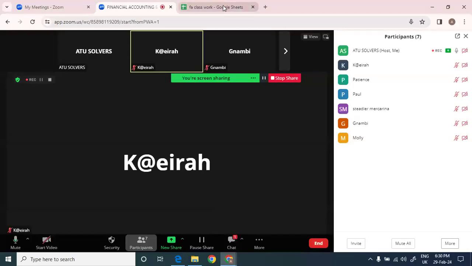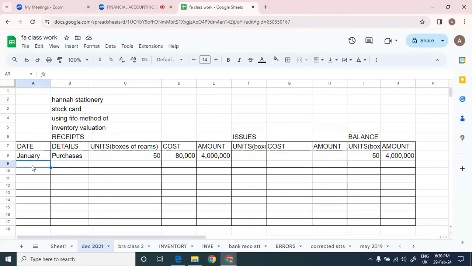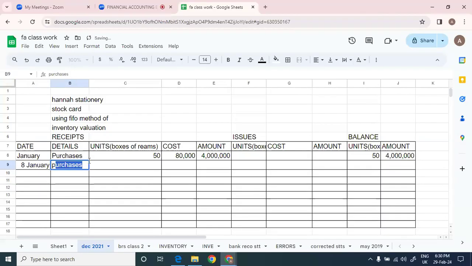So what we do, we still write 8th January. We show the examiner that these ones are our purchases. We are buying 50 at how much? At 100,000, giving us how much?